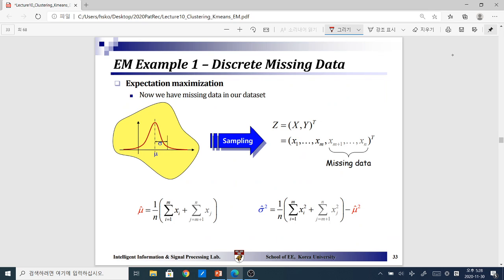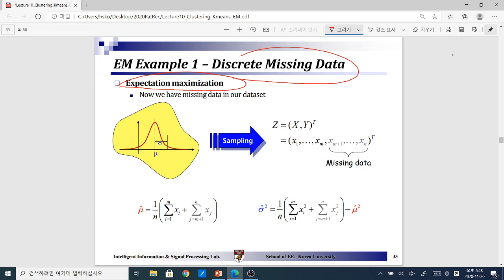Okay, so let's then proceed with obtaining an expectation maximization procedure for a simple scenario, and that scenario is that we're going to assume there are some missing data.